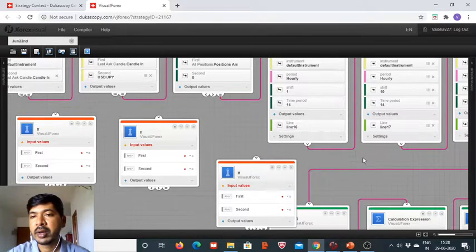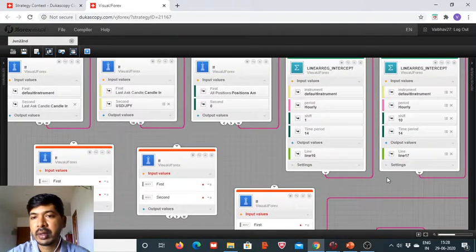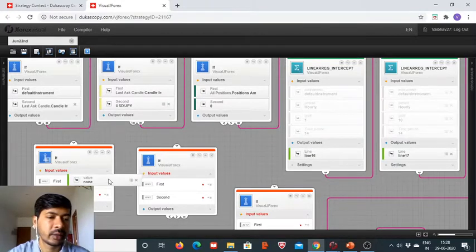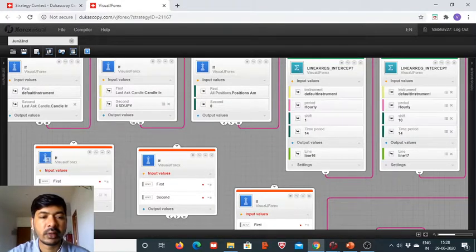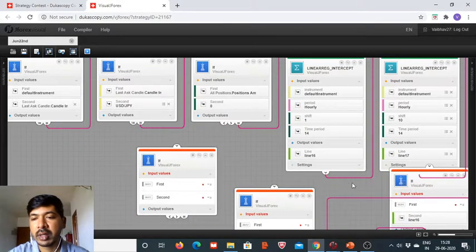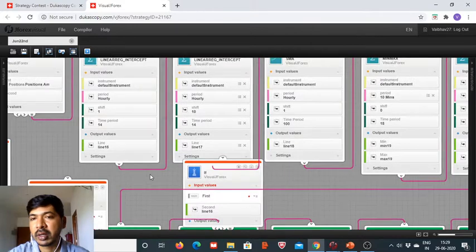So here we have got this value, linear regression intercept with shift 1, that is last hour's linear regression intercept value, and then we have to compare it to the last hour's historical candle closing level.